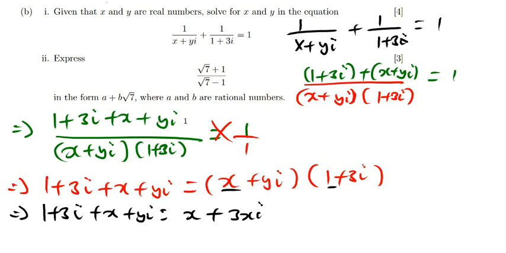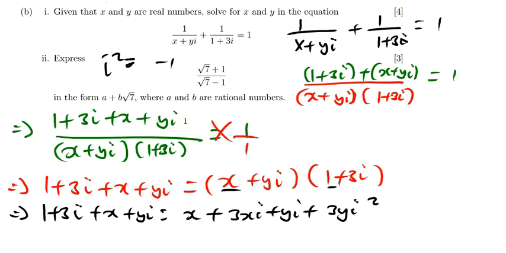Then yi times 1 is yi. Yi times 3i, I'm going to get 3yi squared. Now remember, when we are dealing with complex numbers, when you see i squared, we replace it with negative 1. So here I have i squared, I'm going to replace that with negative 1.